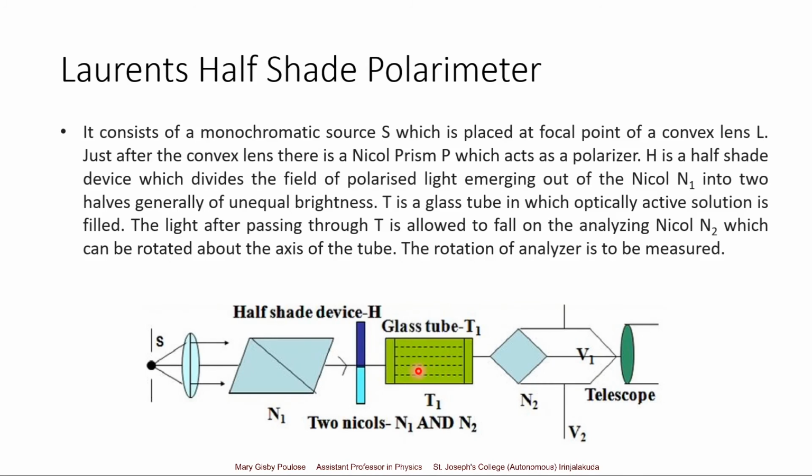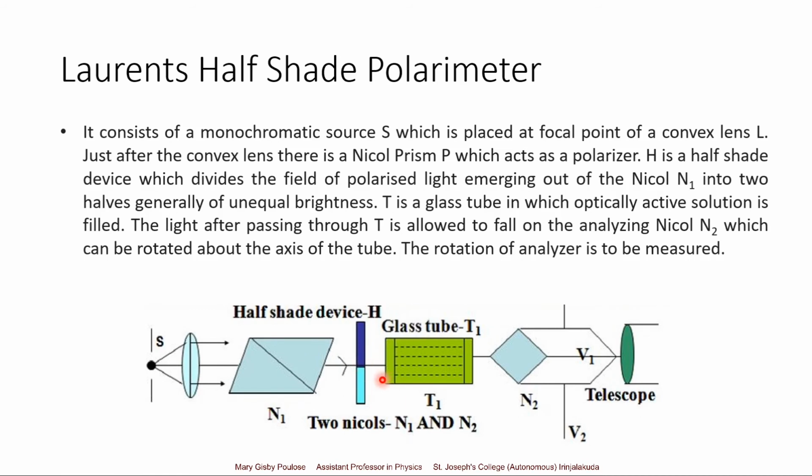Now, to study the optical activity in materials, we use a Laurent's half-shade polarimeter. It consists of a monochromatic light source S, and then we have a convex lens L. After the lens, there is a polarizer Nicol prism. Then we have a half-shade device.